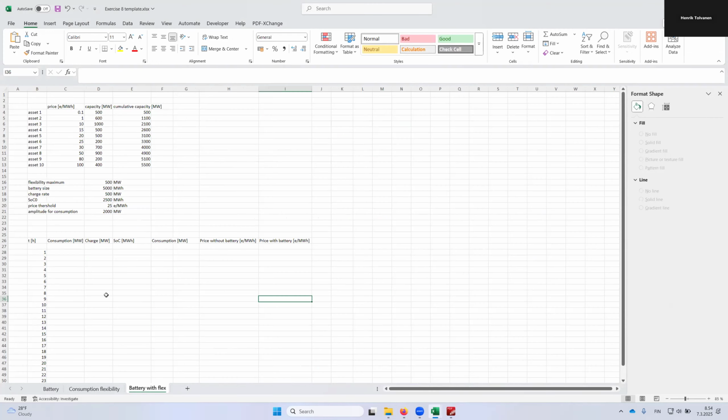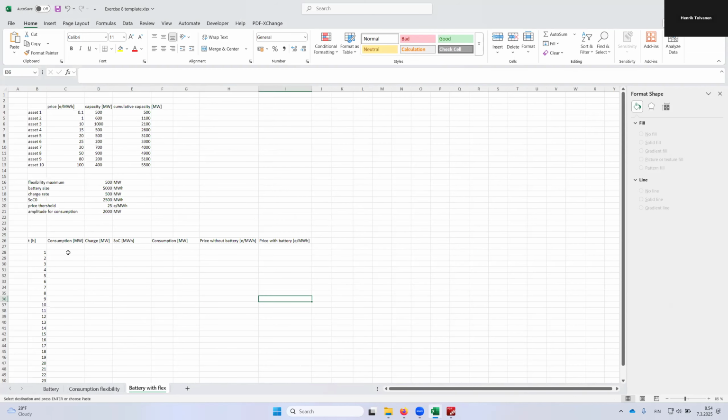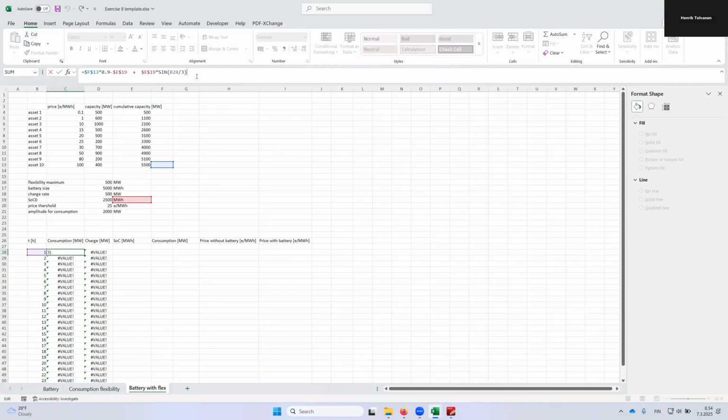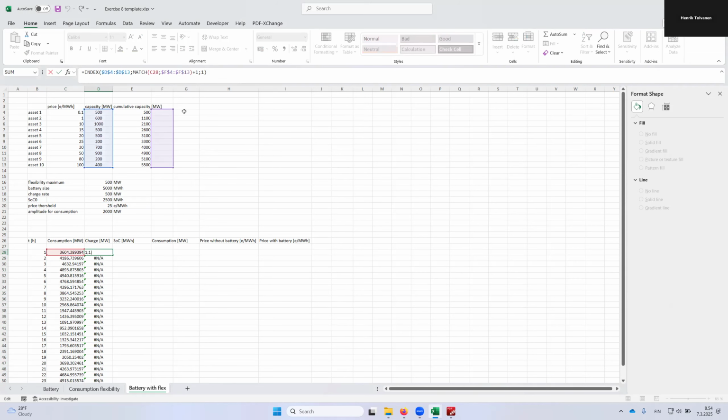So let's go ahead in here and have the consumption and price function. From here, we might have to change something. This is going to be the maximum, and the amplitude was in here. Let's see if we can get the consumption going on, and then the charge, or rather, the price.